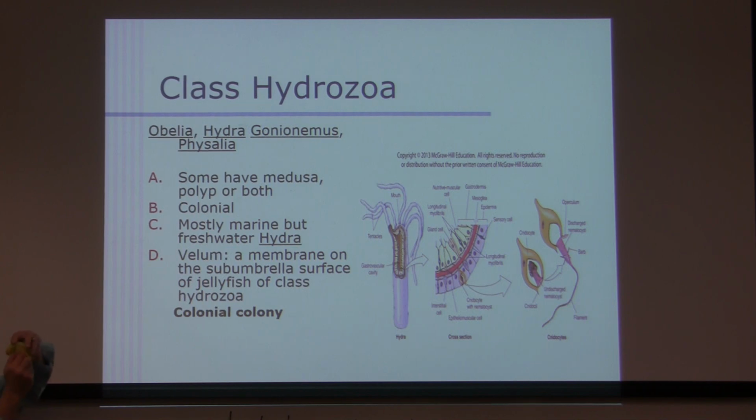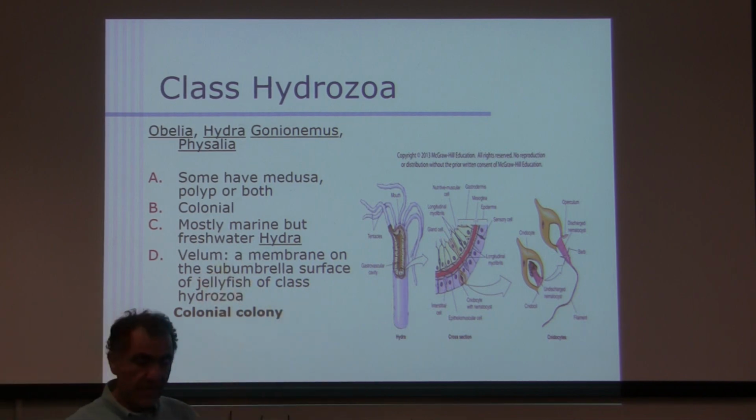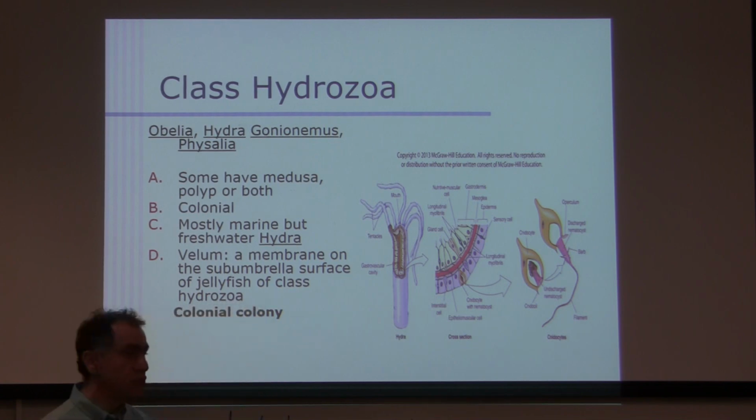This is called velum. This possibly does not allow the animal to grow. You will see another class that does not have velum, so the jellyfish can grow and become huge. But this class has velum. Possibly that's the reason, we don't know.